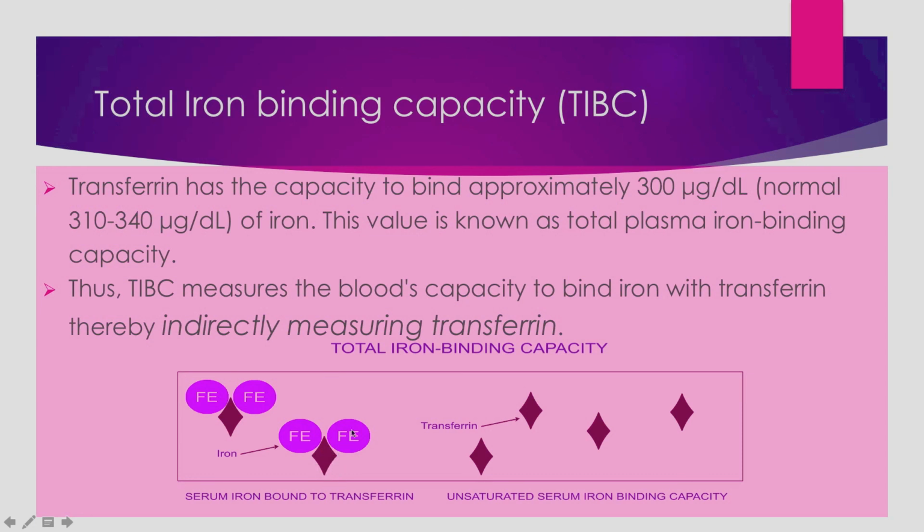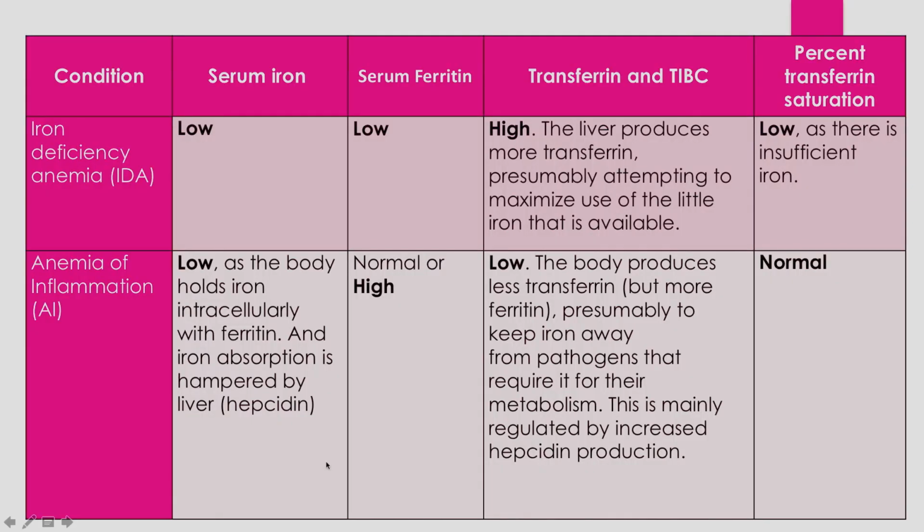We will talk about this transferrin increase. When transferrin is saturated with iron, we call that the saturated percentage of iron, and the normal is approximately 33%.